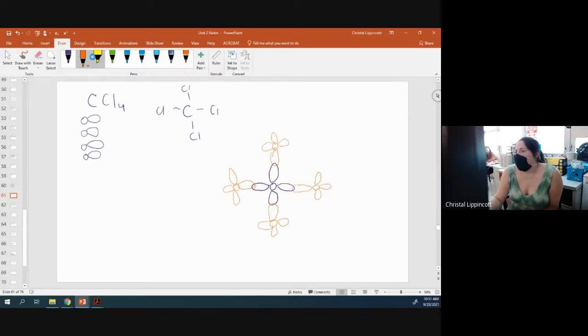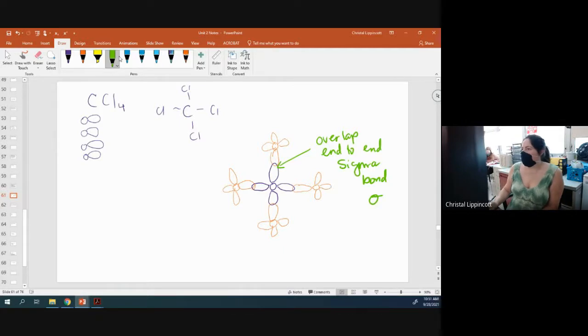Where these overlap, end to end, that is called a sigma bond. We represent that with a circle with a little line coming off of it, so it looks like a guy with a little hat, almost. That's sigma. I think it's a lowercase sigma in Greek letters, yeah.